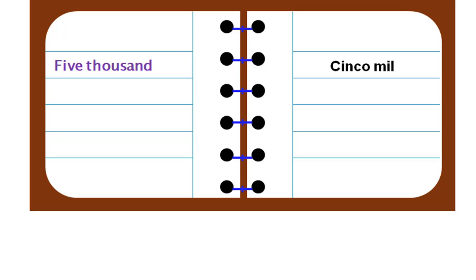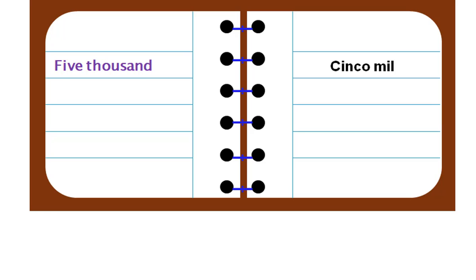So with mil, we don't add es to indicate that we are talking about multiple objects. We stay with mil and it is preceded by the number or the multiple. So 5000 is 5 mil. If we are talking 10,000, it will be diez mil.